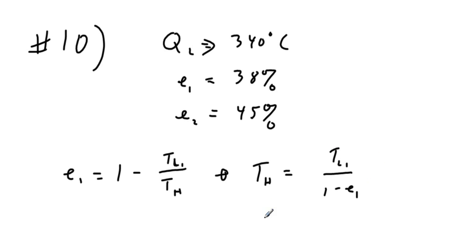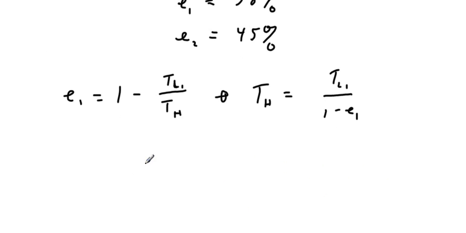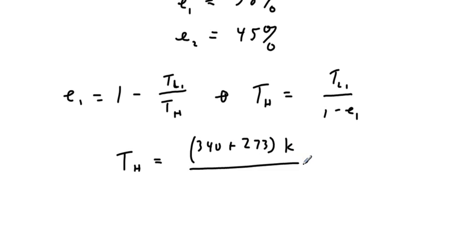When I change my numbers to Kelvin, I end up with temperature hot equal to 340 plus 273, so I can get to Kelvin, divided by 1 minus 0.38, and I end up with 989 degrees Kelvin.